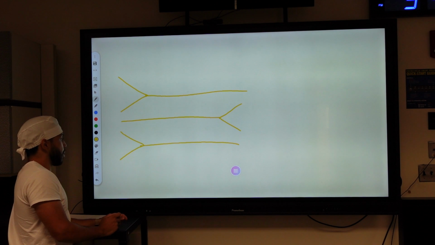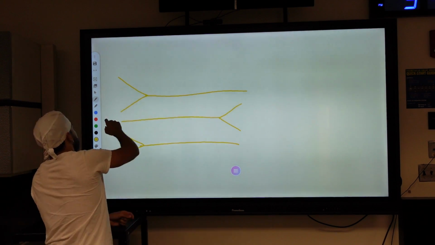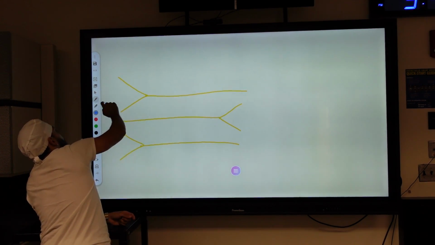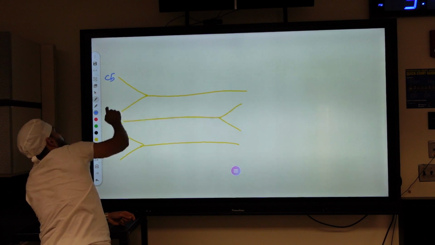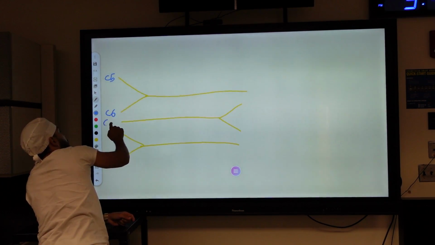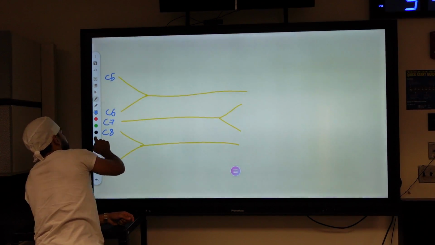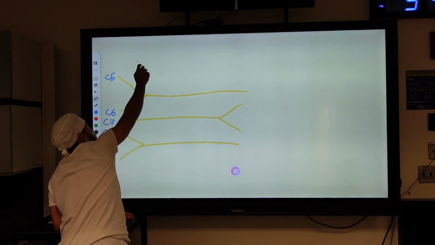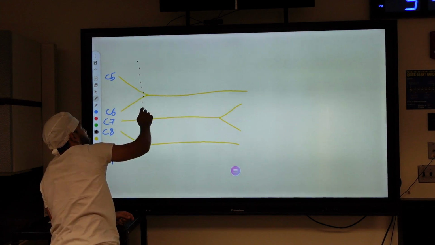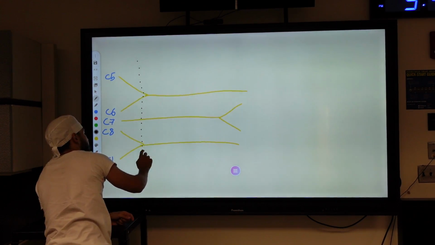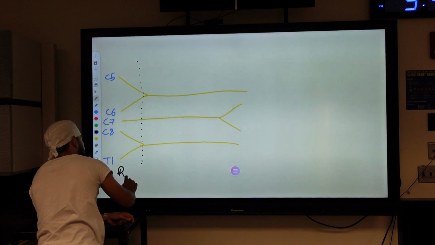So right here off the bat, we have roots C5, C6, C7, C8, and T1. And this section before this dotted line, these are all going to be my roots.